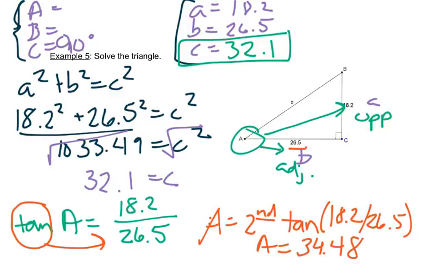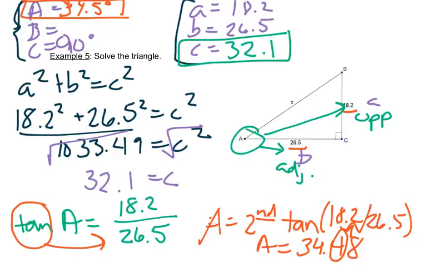Now this has 3 significant digits and this has 3 significant digits, so I want my angle to have 3 significant digits. So that means I'll use this as my last one. The 8 tells me to make it go up. So my angle A will be 34.5 degrees. Make sure that you put that degree symbol on your angles.